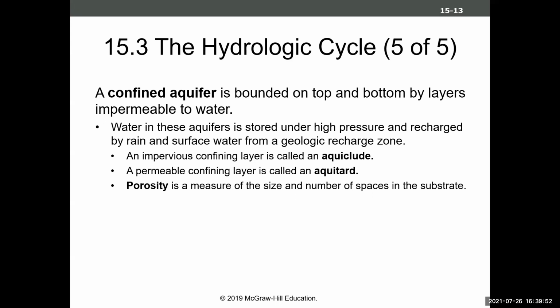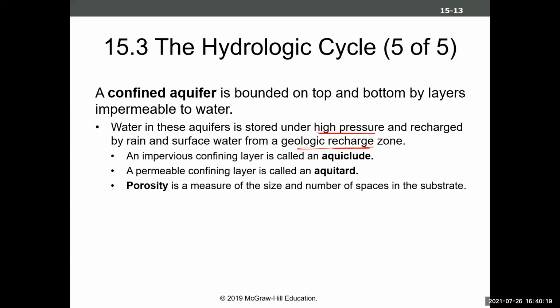It has a specific recharge area that water will go into that layer from. Because these aquifers are bounded by those impermeable layers, they're under high pressure, and there's recharge from a geologic recharge zone, and we'll show exactly what that could look like here in a second.